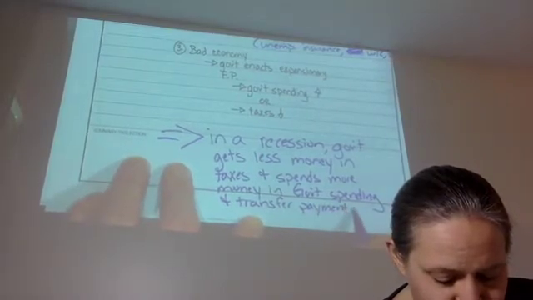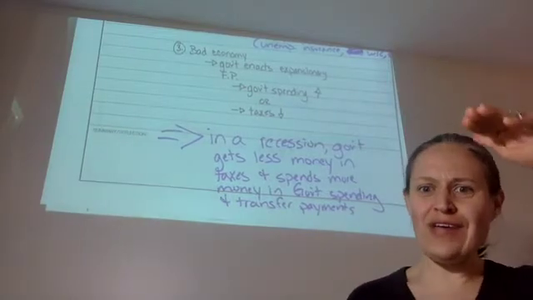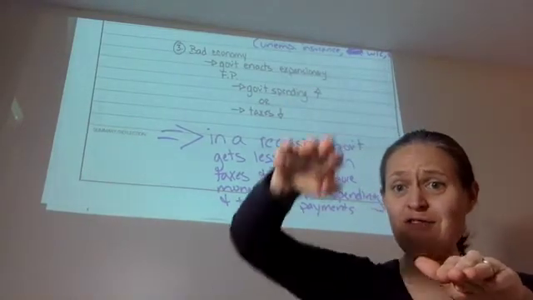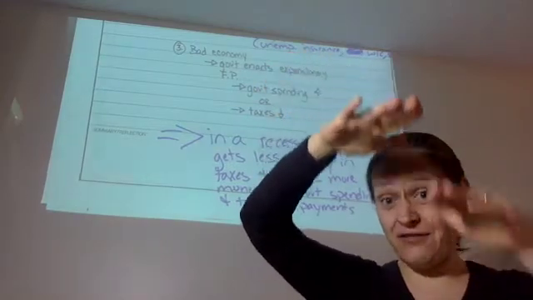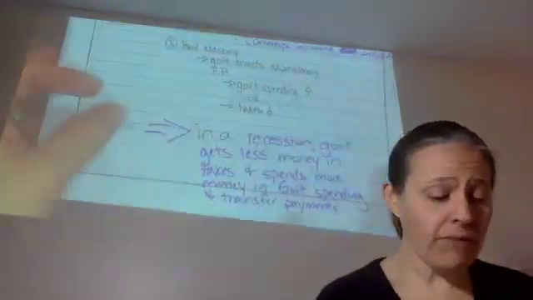So if you have this situation, when you're getting less money and you're spending more money, that means you're having to borrow a lot of money to fill in those gaps.